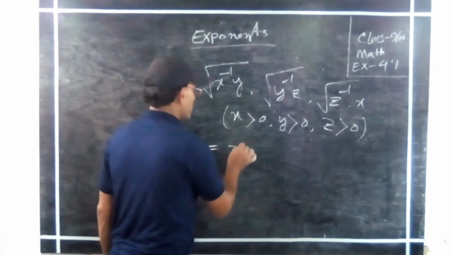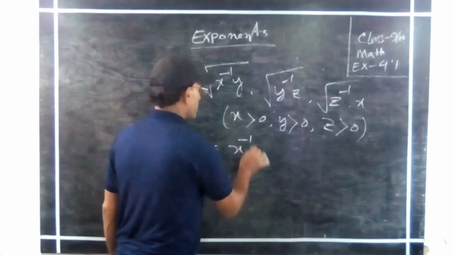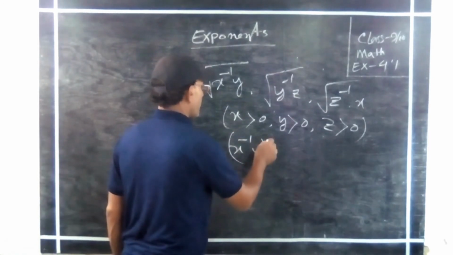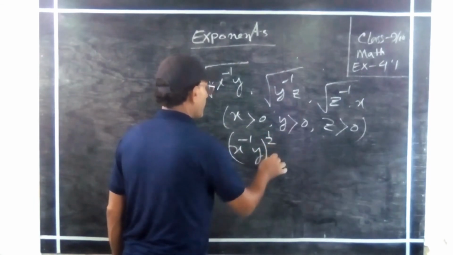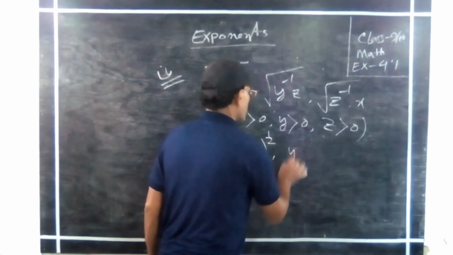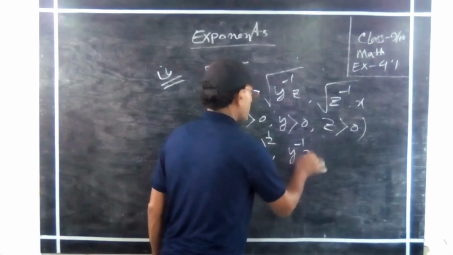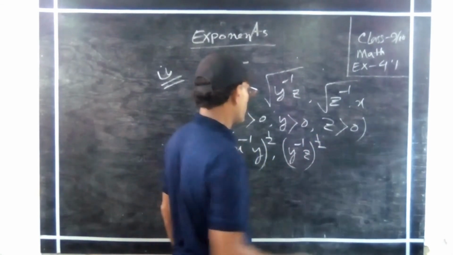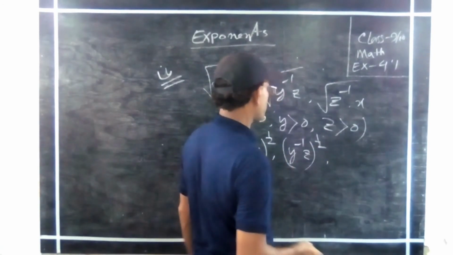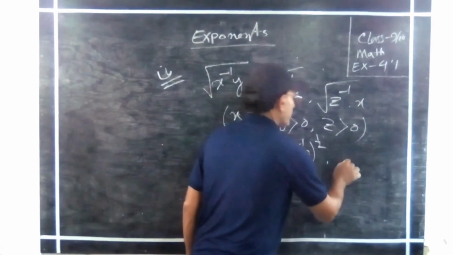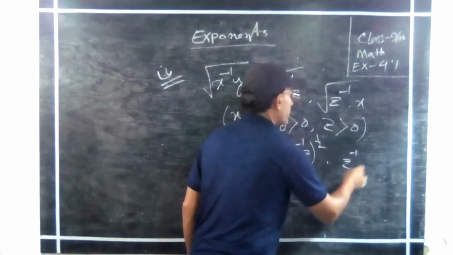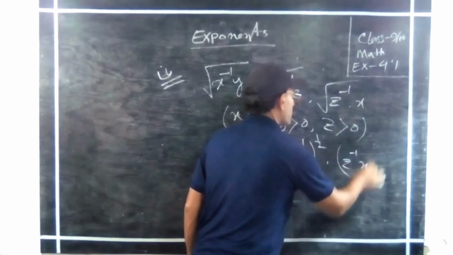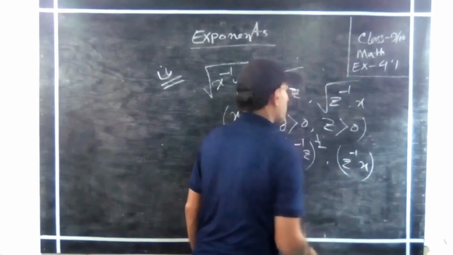So we can write power half, into y to the power minus 1 z power half, and z to the power minus 1 into x whole to the power half.